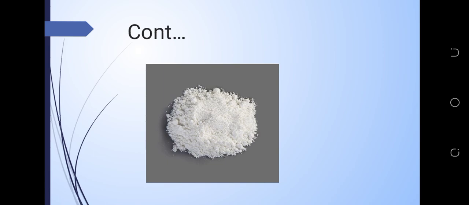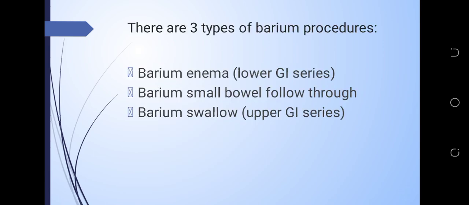This is just a picture to show us how barium sulfate looks. It's just a white chalky powder, as we can all see from the image. There are three main types of barium procedures. Firstly, there is what is known as barium enema, which is a procedure that is done to examine the lower gastrointestinal series, which comprises mostly of the colon and the large intestines.